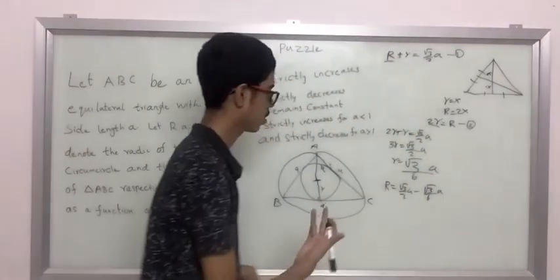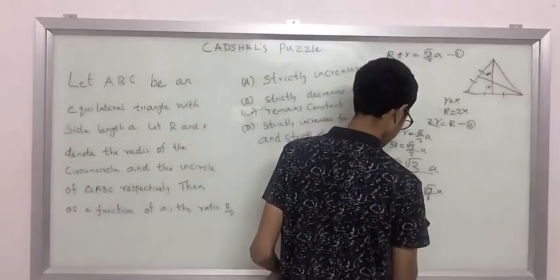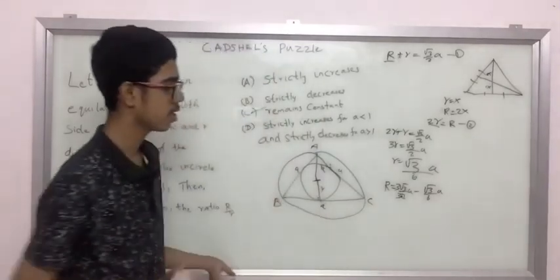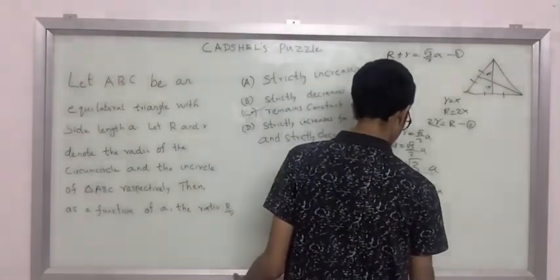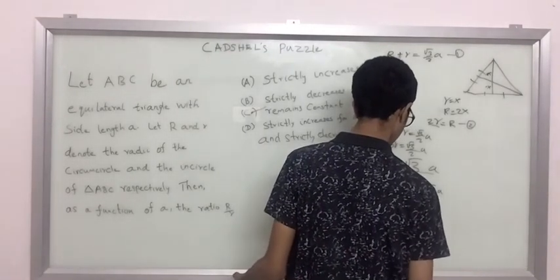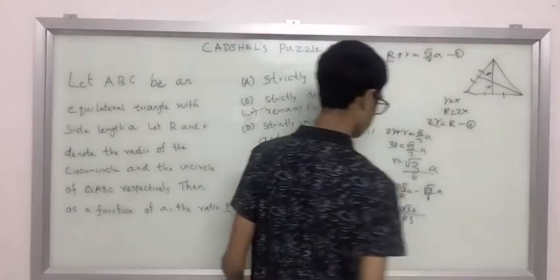Now what is this? LCM is 6, so multiply by 3 and 3. So 3 root 3 a minus root 3 a is equal to 2 root 3 a. R is equal to 2 root 3 a by 6, then this and this get cancelled, this is equal to 3.